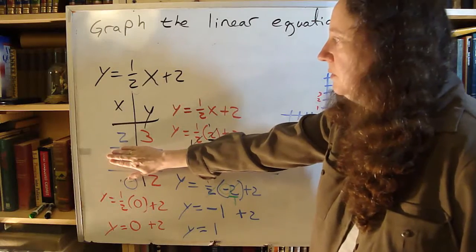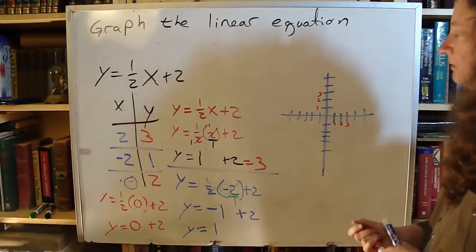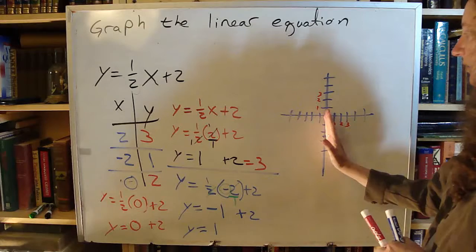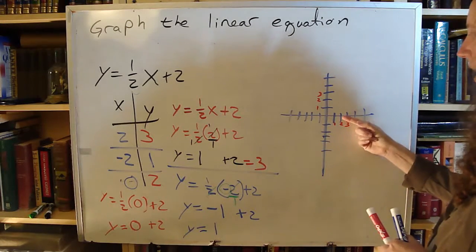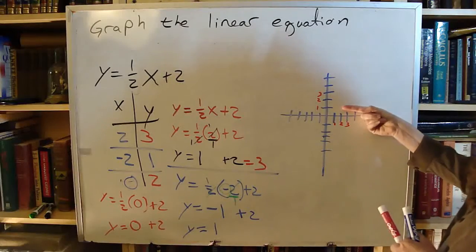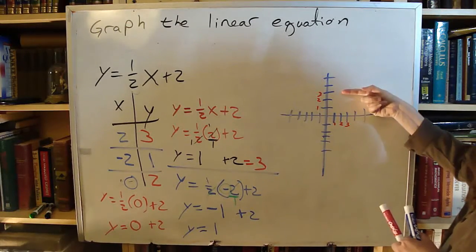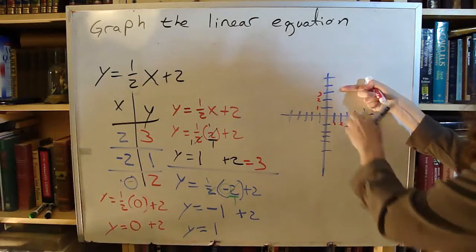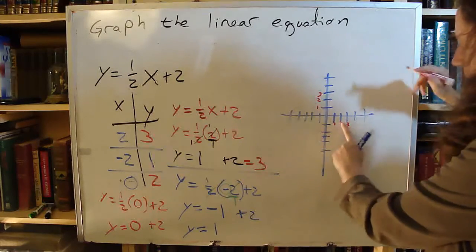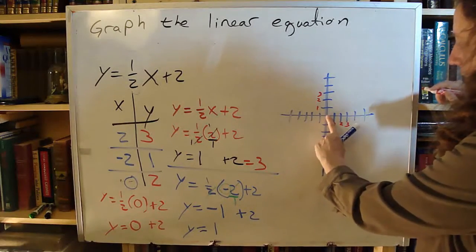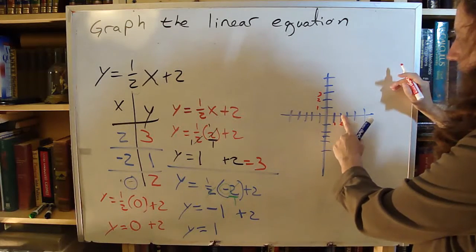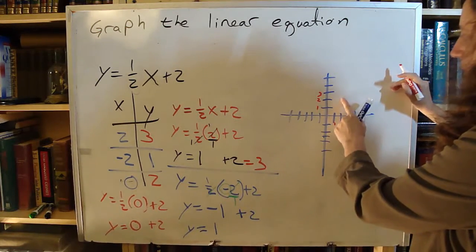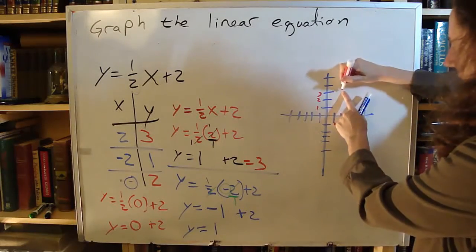X equals 2, y equals 3. So on my x, I go over to 2. On my y, I go up 3. 1, 2, 3. And I put my dot right there. So that's over 2. So there's 0, 1, 2. Go up 3. 1, 2, 3. And I put my dot there.